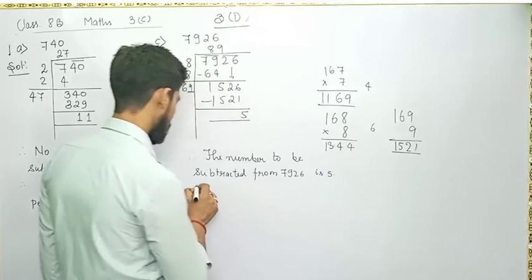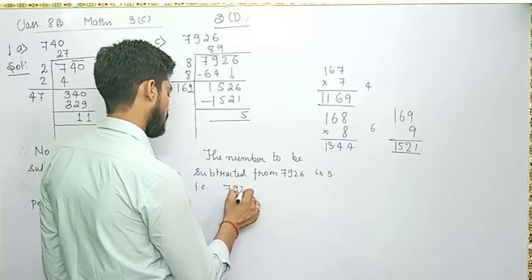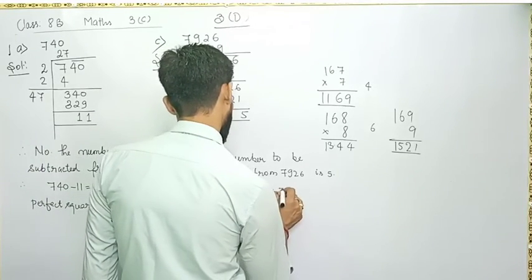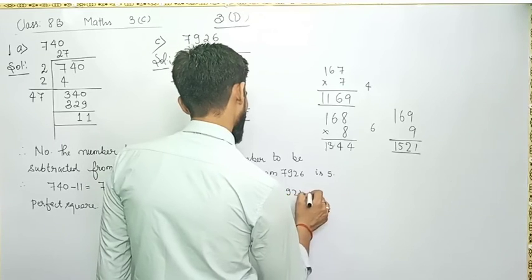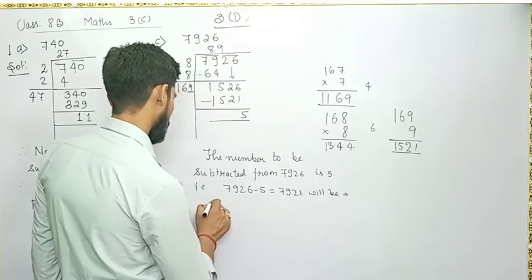That is, 7926 minus 5 will be a perfect square.